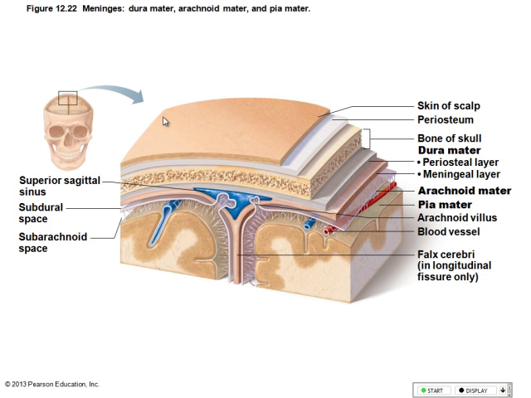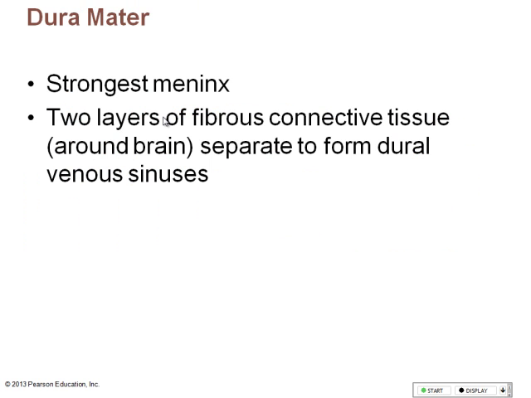Is the periosteum connected to the bone? No. Well, the periosteum of the bone is, but the periosteal layer of the dura mater isn't. Right. So between the skin and the bone, that periosteum. Is the periosteal layer of the dura connected to the skull itself?